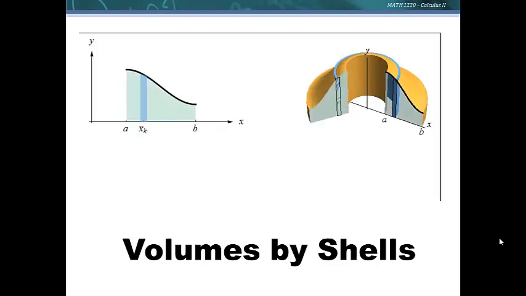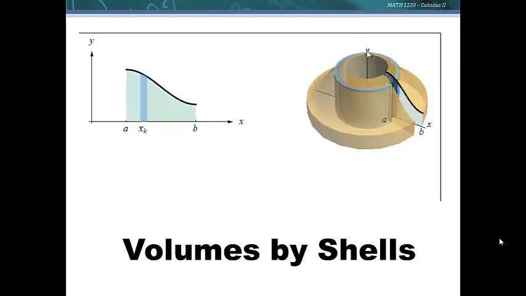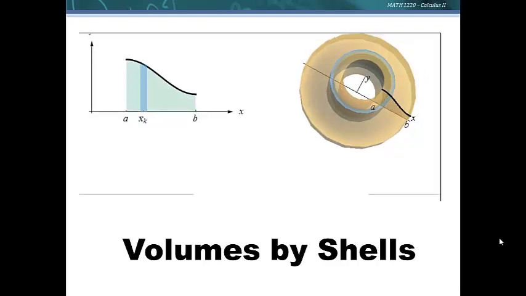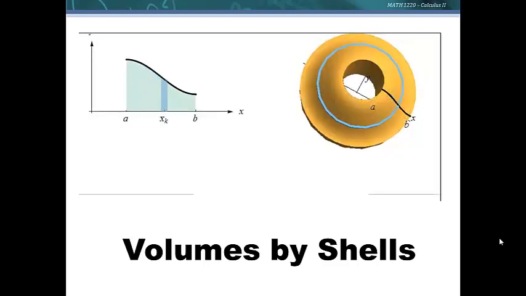As we continue on around the y-axis, we see that we're starting to form this, and as we continue the rest of the way, we see that we form this shell. It looks like a cylinder, but it has a little thickness to it as well, and we could look at it at any x.